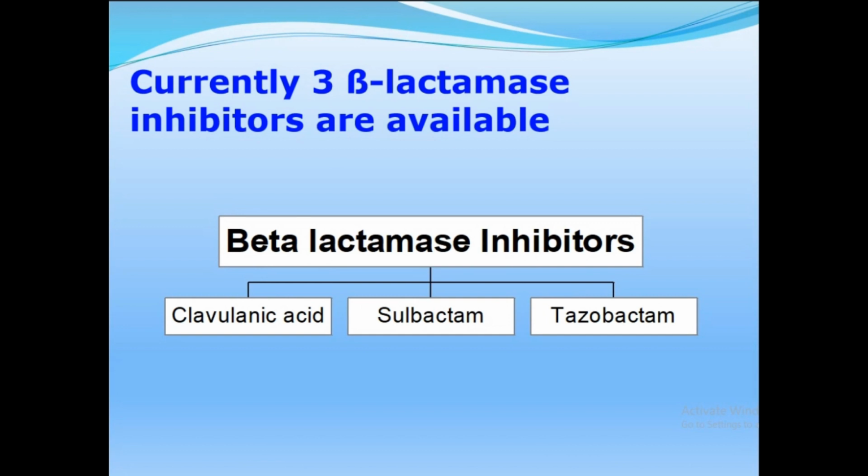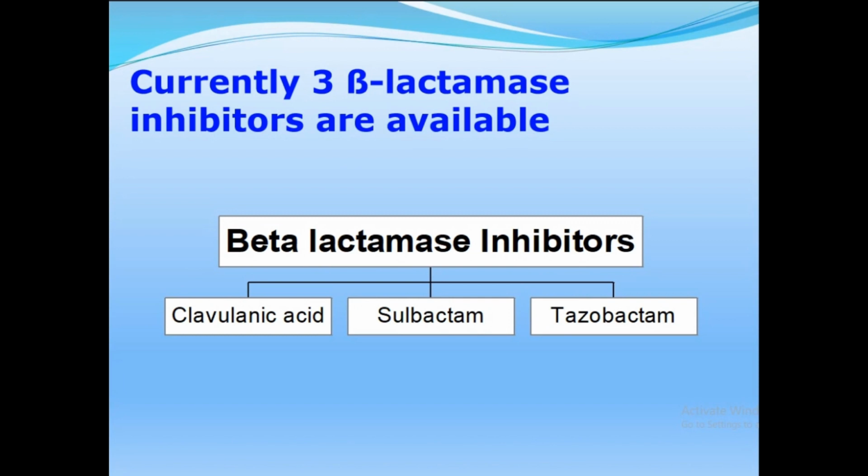Tazobactam is also used alongside other cephalosporins for a better approach against this bacteria and beta-lactamase inhibition. Coming to sulbactam, it is used alongside ampicillin or cephalosporin. This is what we have seen over a period of time.